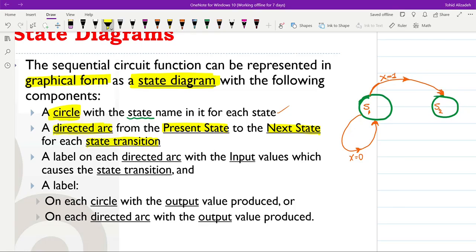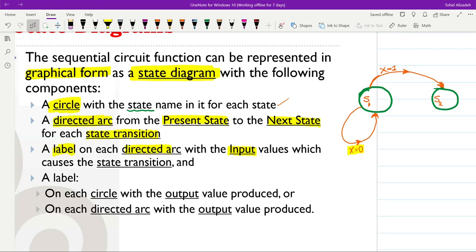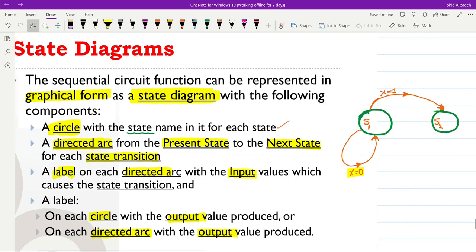I already have shown you, we will have a label on each directed arc with the input values, like x equal to 0 here, which causes the state transition. And we will have a label either on each circle with the output value or on each directed arc with the output value produced. Let me show you here.